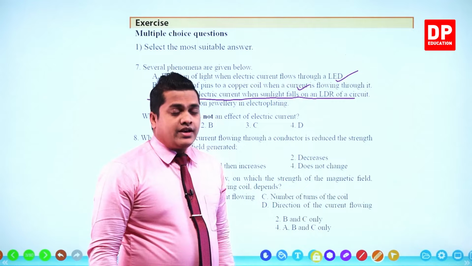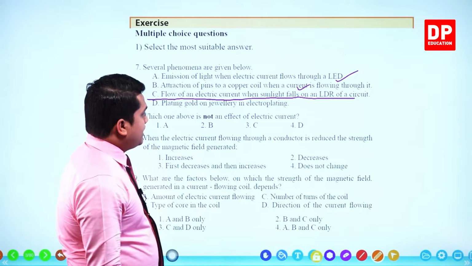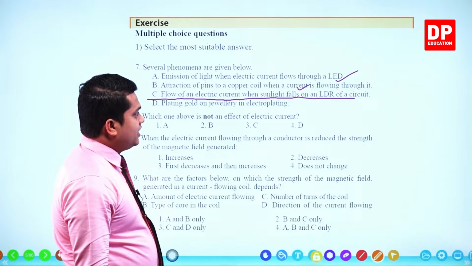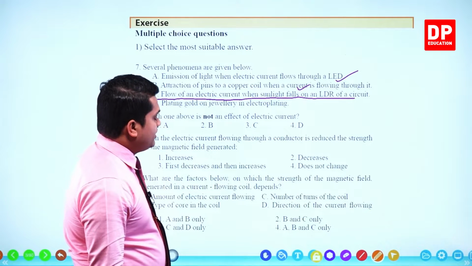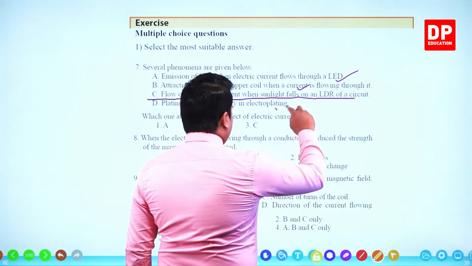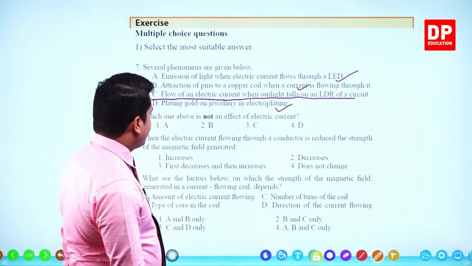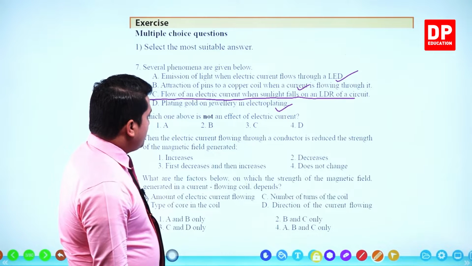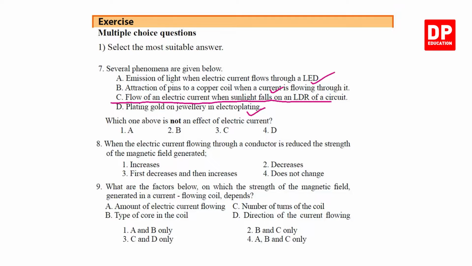We can't generate current by an LDR. So therefore, electric current is not going to flow when sunlight falls on it. Plating gold on jewelry in electroplating, this is also correct. Here we use the chemical effect of electricity. Which one above is not an effect? So the not an effect one should be C.